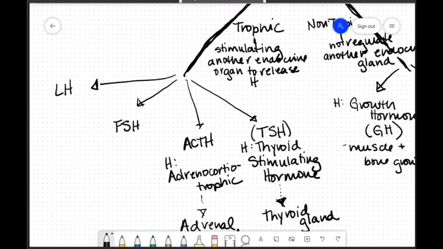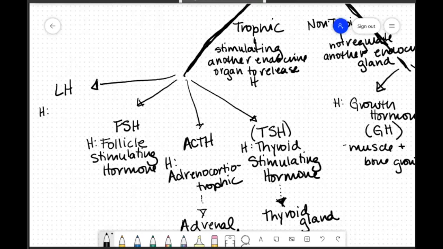The hormone FSH stands for follicle stimulating hormone. And the hormone LH stands for luteinizing hormone. So you will have FSH and LH, follicle stimulating hormone and luteinizing hormone.